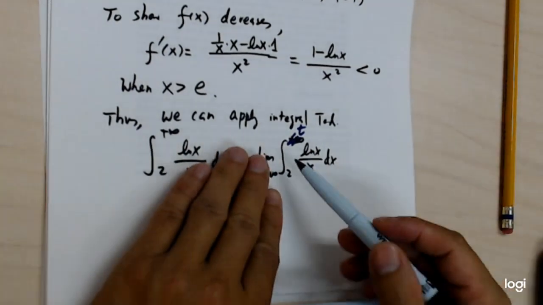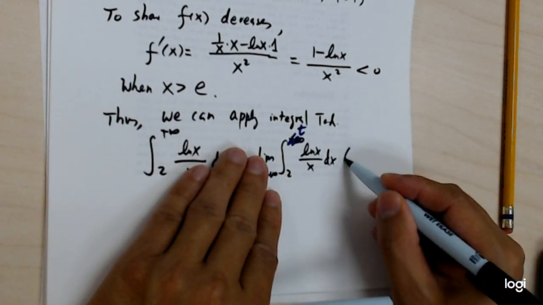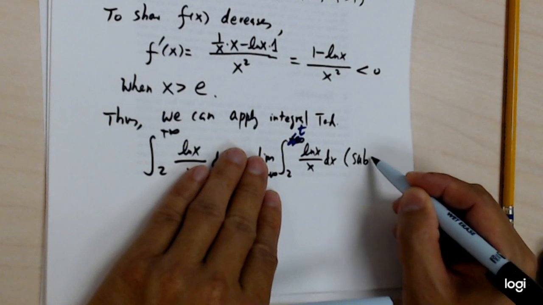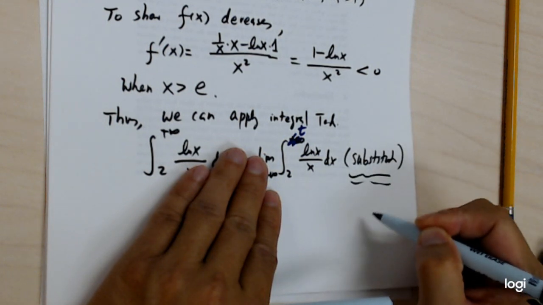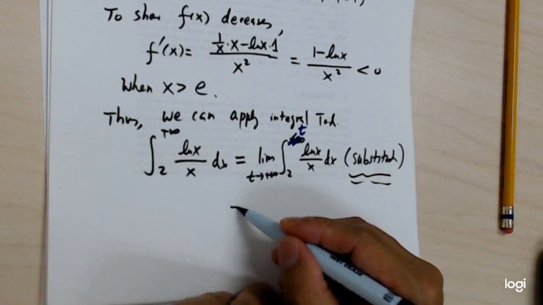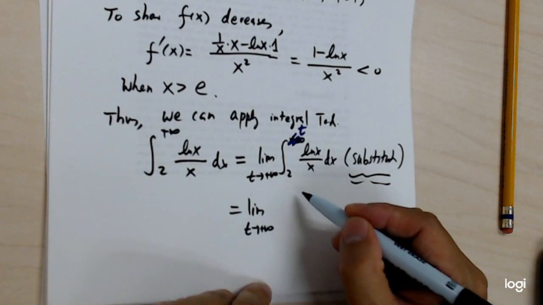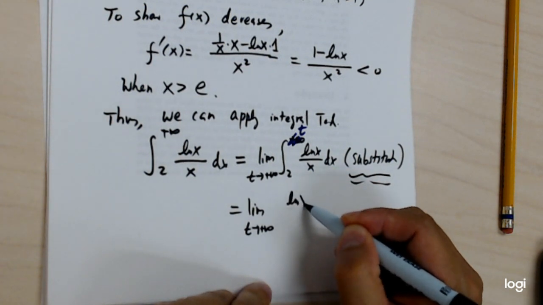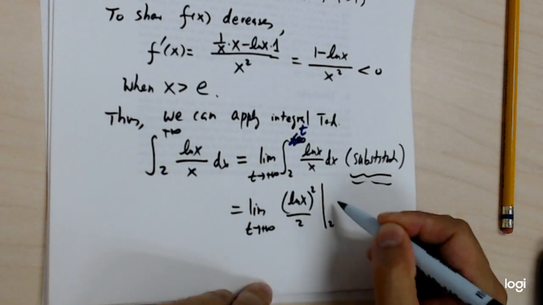To evaluate this proper integral, you have to use a quick substitution. I leave you guys to think about this. It's not that trivial, but I leave this for you to figure out. When you integrate this, the antiderivative turns out to be ln x squared over 2. You plug in 2 and plug in t.